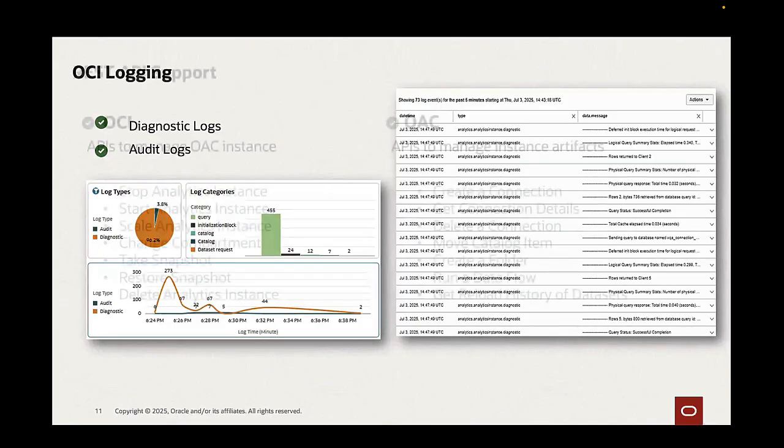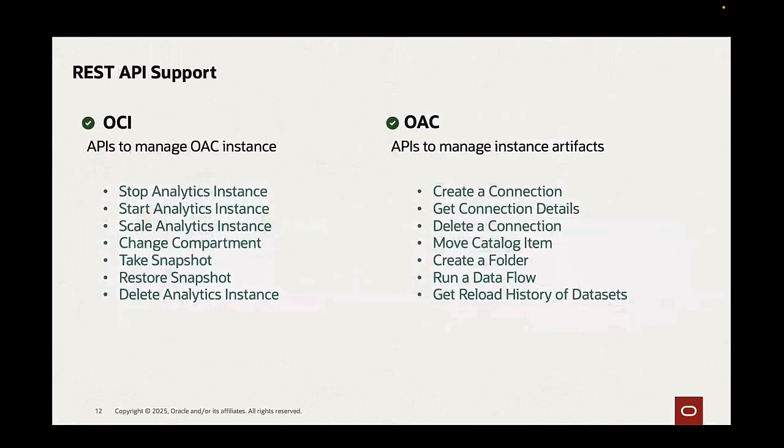Something else that they could know is understanding the REST API support. You can use an OCI Analytics API to manage the entire platform of OAC in your tenancy. Or you could also manage APIs at the instance level of OAC using the REST APIs for OAC. These APIs will help you automate processes and programmatically access features and functionality in Oracle Analytics Cloud.